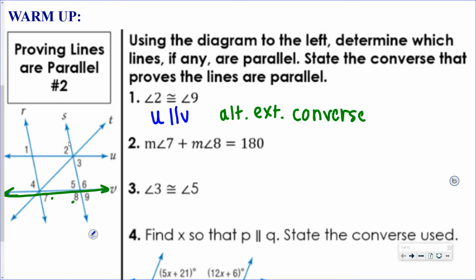All right, so in this case, the two lines I'd be trying to show are parallel would be R and S. Could we say R and S is parallel with this information? Yes. Why? What's their relationship, 7 and 8? They equal 180. Okay, what's their classification though?